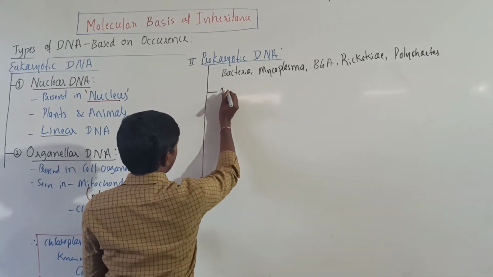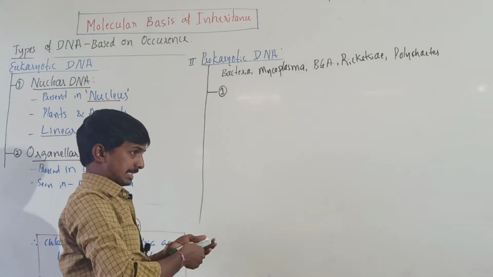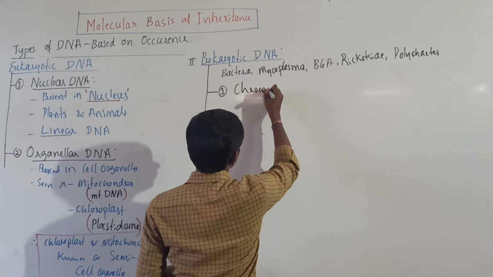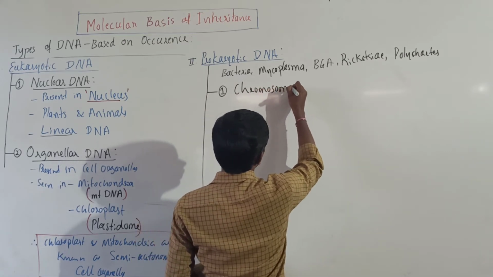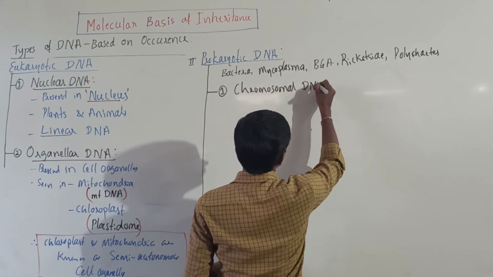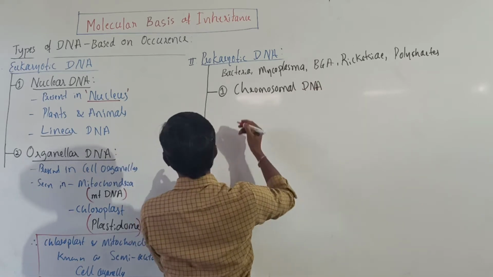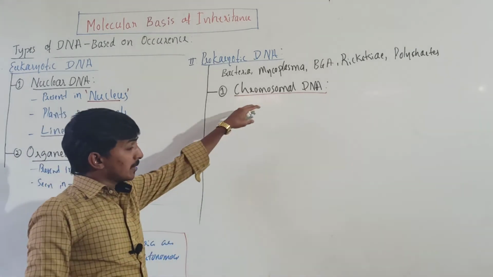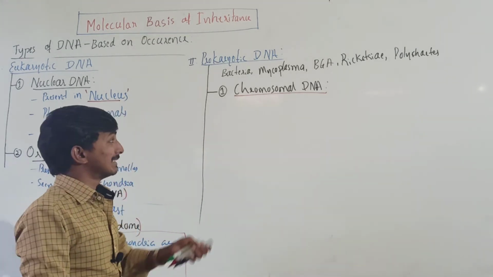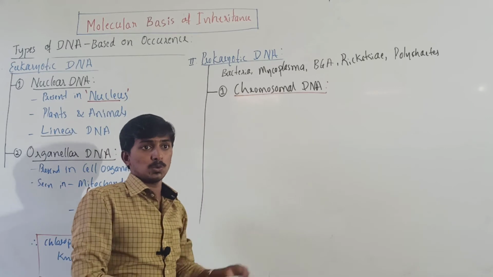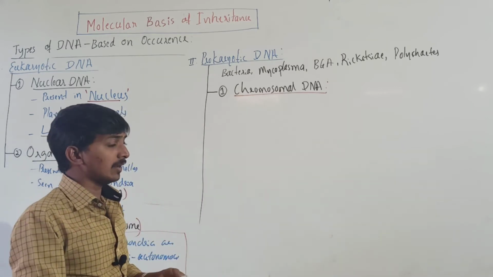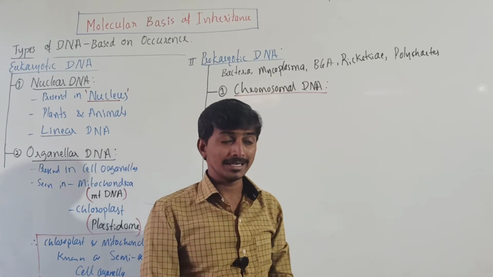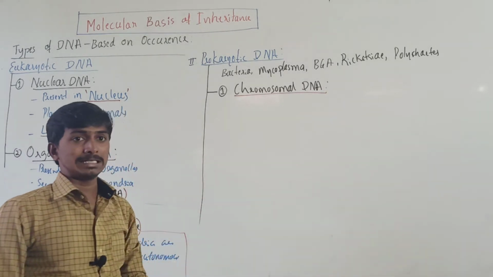The first type of DNA is chromosomal DNA. As the name indicates, the DNA which forms the chromosome, and which helps in the transmission of characters from one generation to the other, is known as chromosomal DNA.